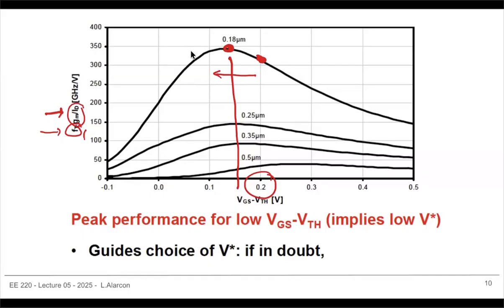So that's a good rule of thumb, at least our initial guide for how I bias this transistor. It depends on how much power efficiency I need versus how much speed I need versus how much GM I need. We will develop those things a bit more as we go along. Okay, good. So any questions here?